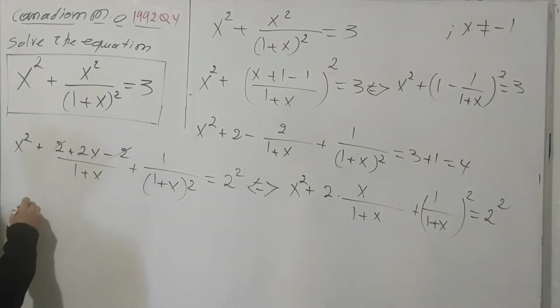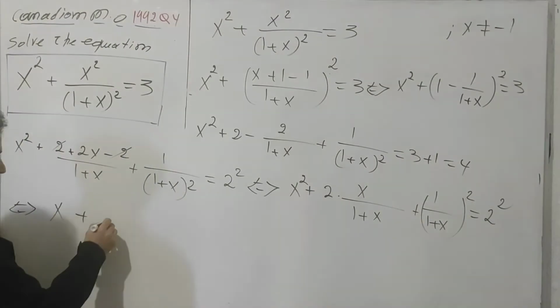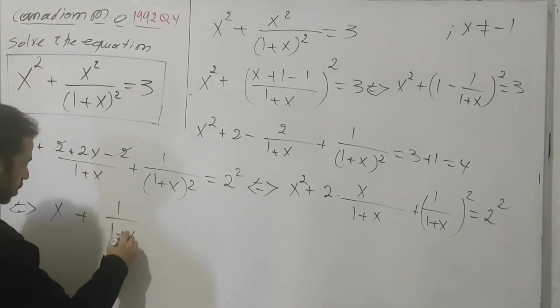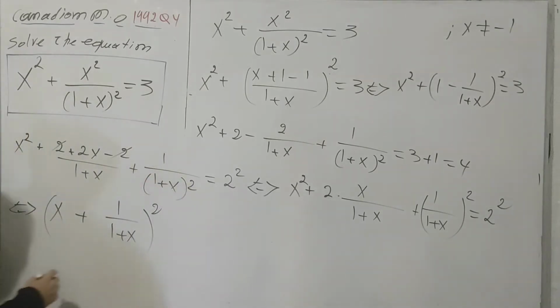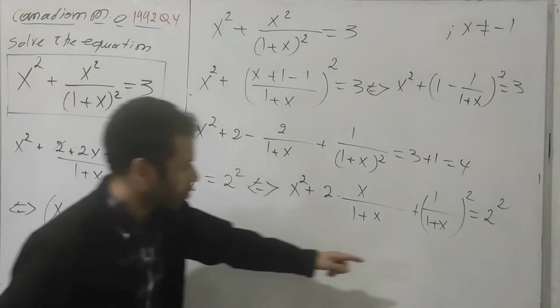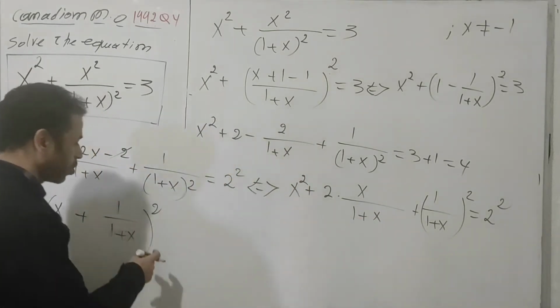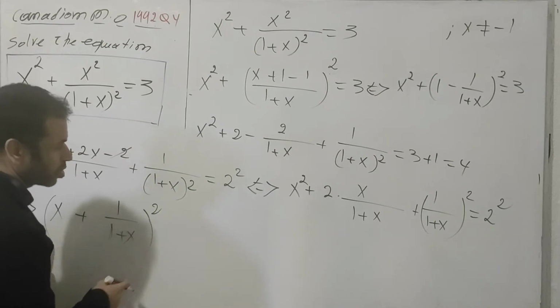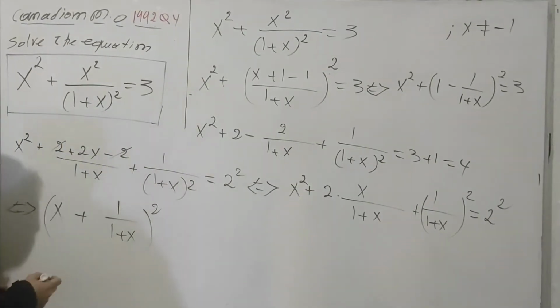So this one is equal to x plus 1 over 1 plus x, the whole thing raised to the number 2. As we know, the right-hand side of this equation is also written in the form of a quantity squared. That means I will have a difference of two squares, which I can factor out.